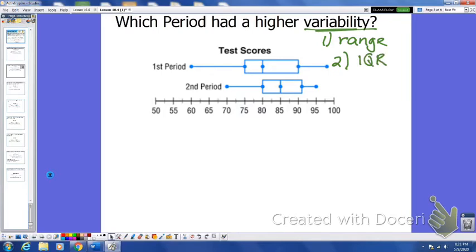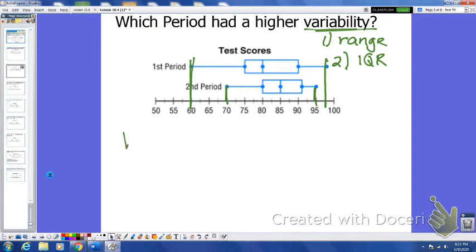So for my first period, we are ranging from a low of 60 to a high of, we'll say that's probably 97, versus second period is ranging from a low of 70 to a high of 95. So for first period, our overall range would be about 37. For second period, the overall range is only 25.